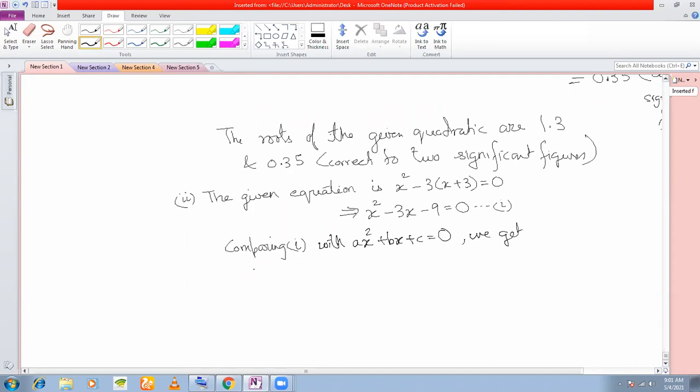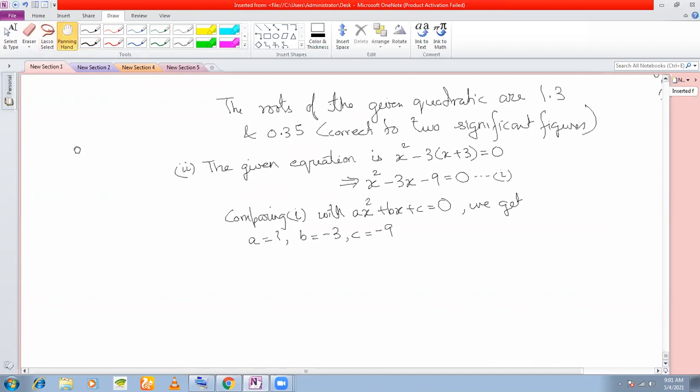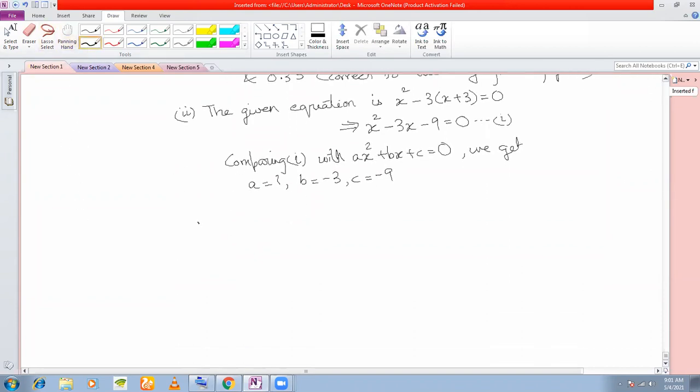We get a is equal to 1, b is equal to minus 3, and c is equal to minus 9. So from the formula, you have x is equal to minus b plus or minus root over of b square minus 4ac by 2a.